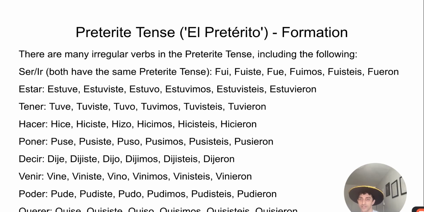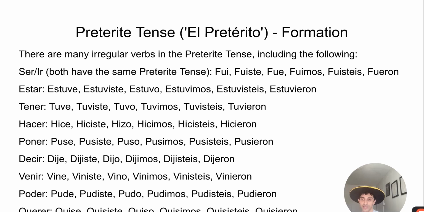And that means that this will take longer to learn because irregular forms just have to be memorized to a large extent. The good thing is that the endings themselves largely remain the same, and it's generally the stem that changes. If there is a verb that is irregular in the preterite tense, it's usually the stem that tends to be irregular, largely. So you can look through these examples.